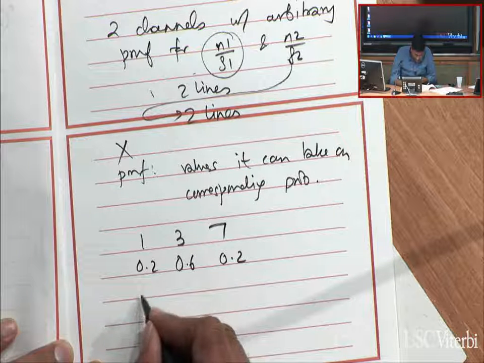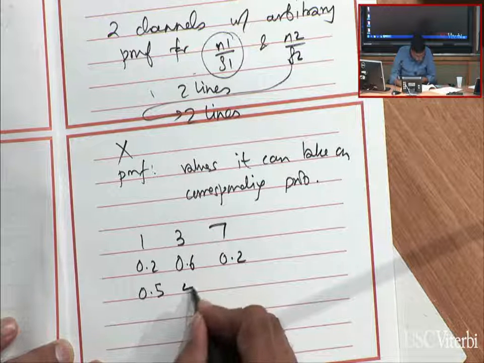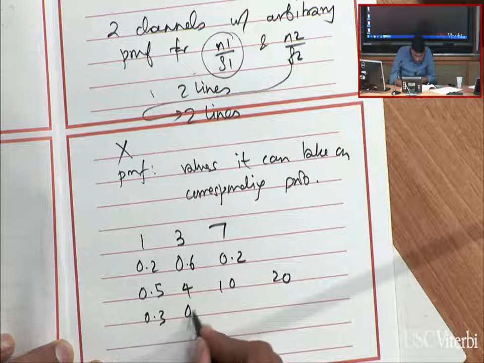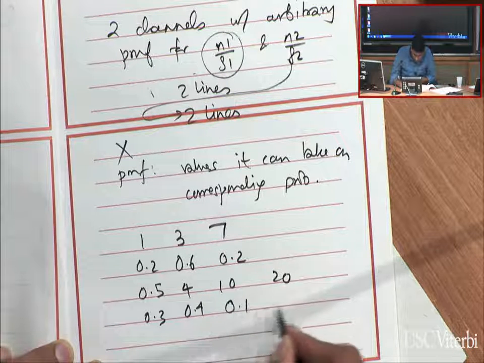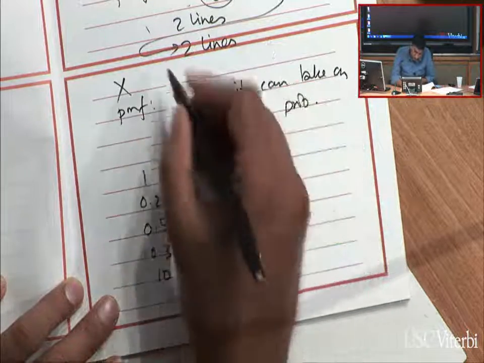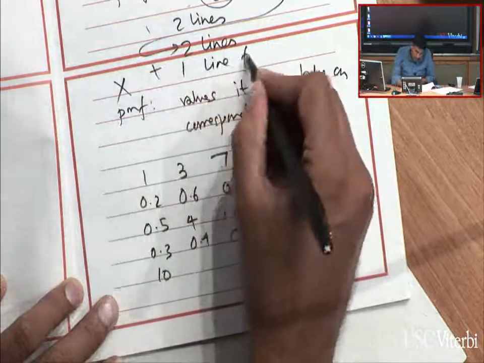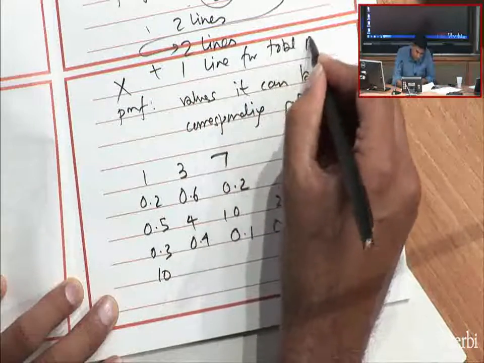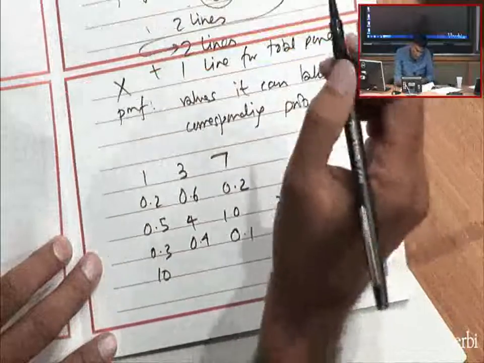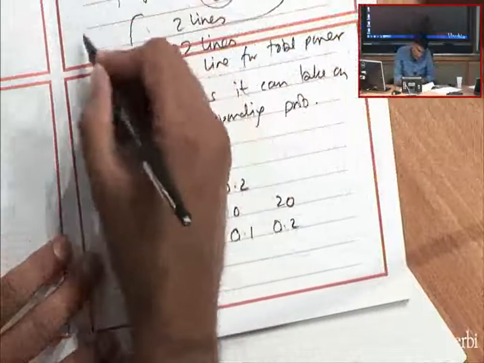So it might look something like this. Plus 1 line for total power. Okay, so this is the input file.